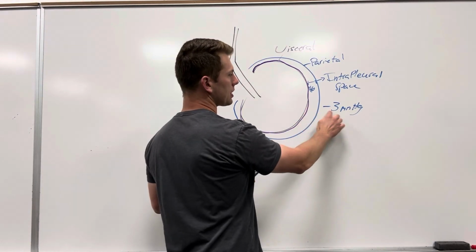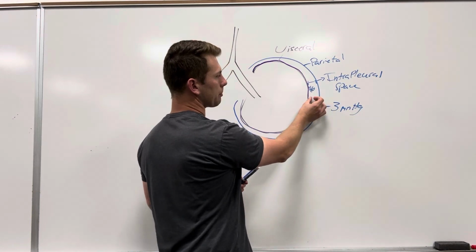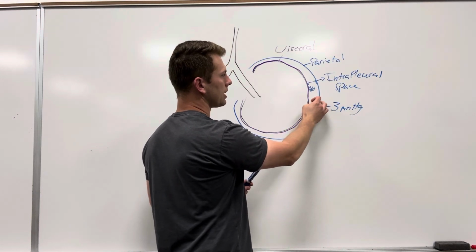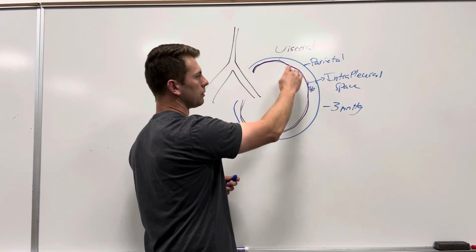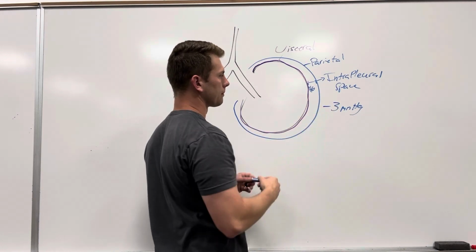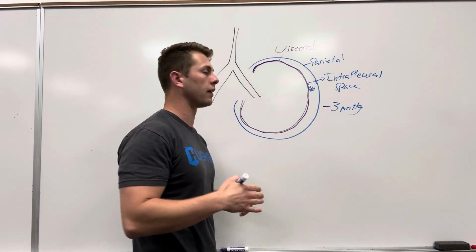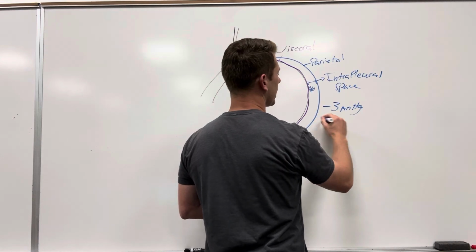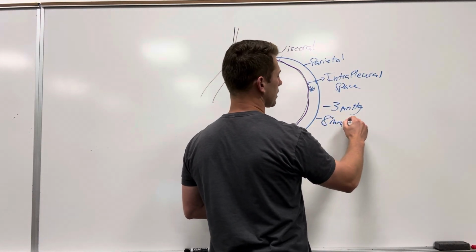Because of the fluid and the negative pressure in this space, this visceral pleura will go with it. And so as we start to inhale, we actually get to a -8 millimeters of mercury.